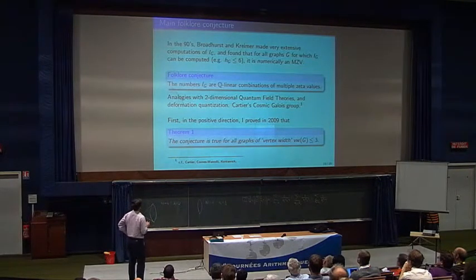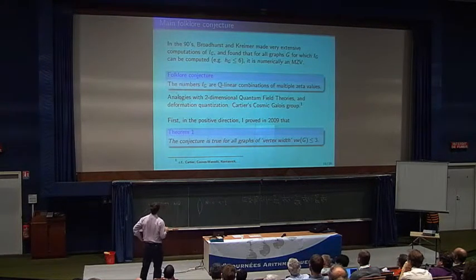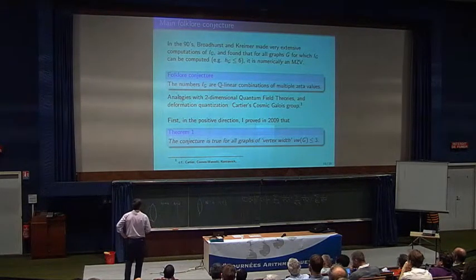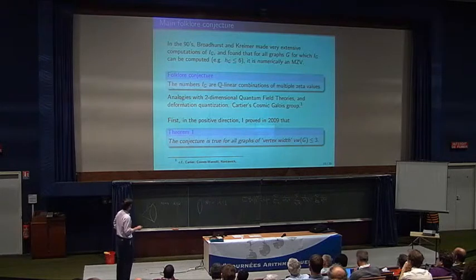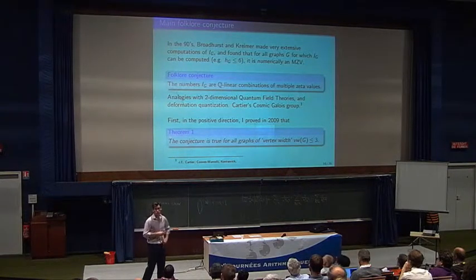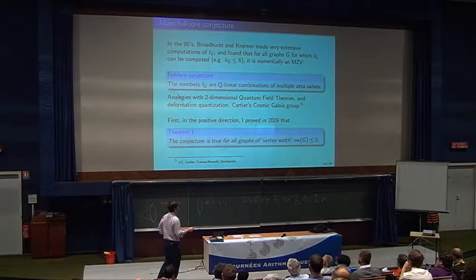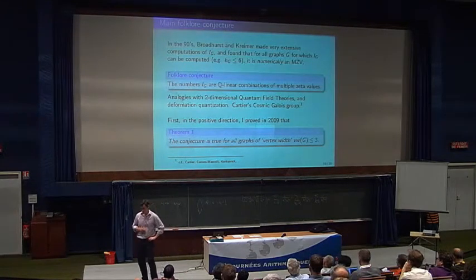Okay, so what do we know about this conjecture? Well, I spent a couple of years trying to prove this conjecture. And in 2009, I managed to prove that the conjecture is true for some infinite families of graphs, which have what's called vertex width at most 3.